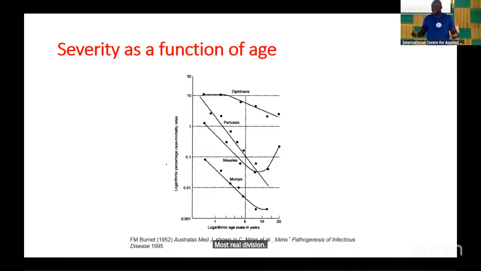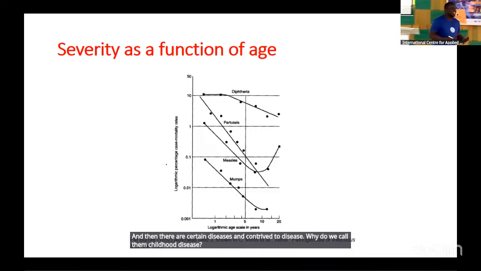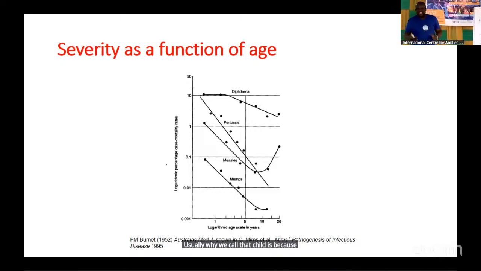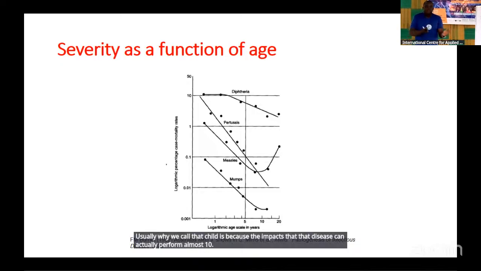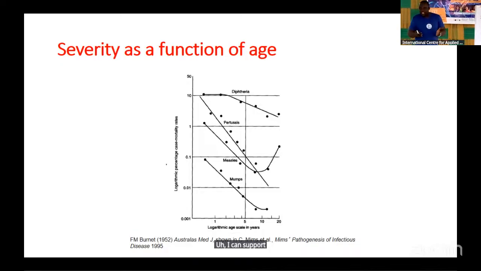Take for instance malaria, and then there are certain diseases called childhood diseases. Why do we call them childhood diseases? The reason is because the age class that the disease usually affects is child age, maybe less than 5 years and so on. Right? So now we are saying that severity can be a function of age.